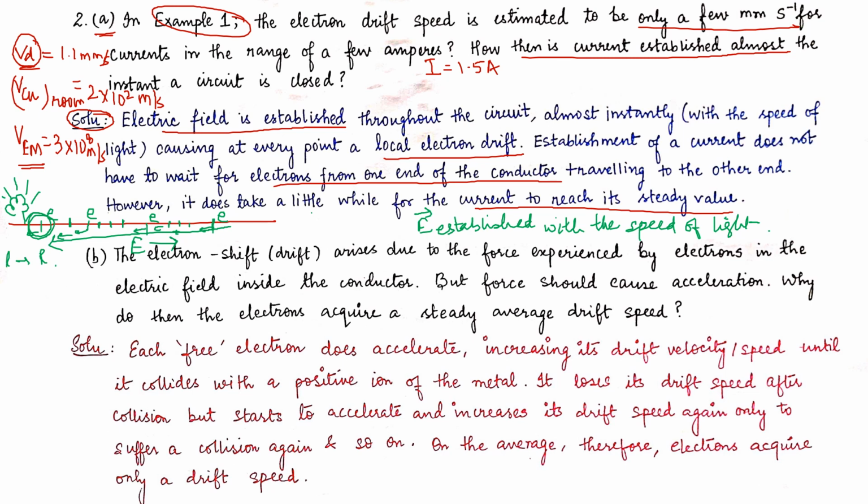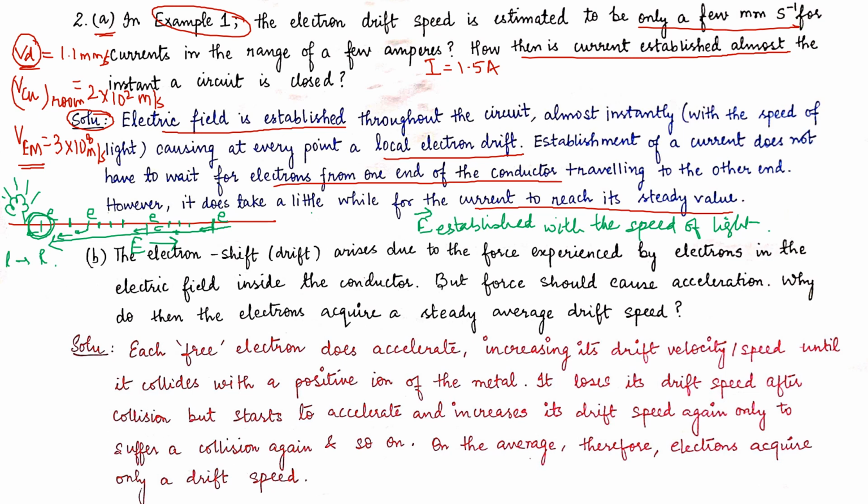After some time, this unsteady current will convert into steady current because every electron will have drifted and everything will be uniform. That is what the solution is telling us, and that is how, as soon as we switch on any electrical appliance in our home, it starts working.